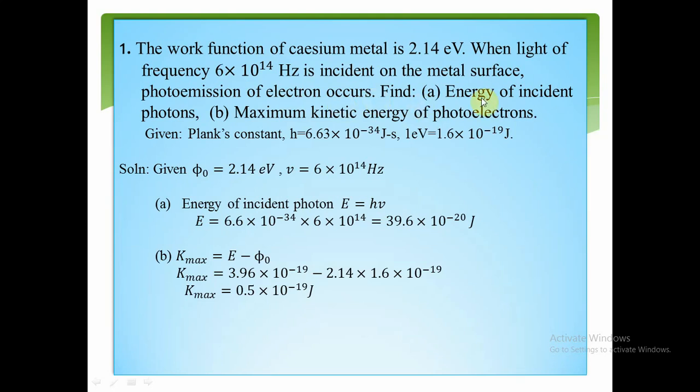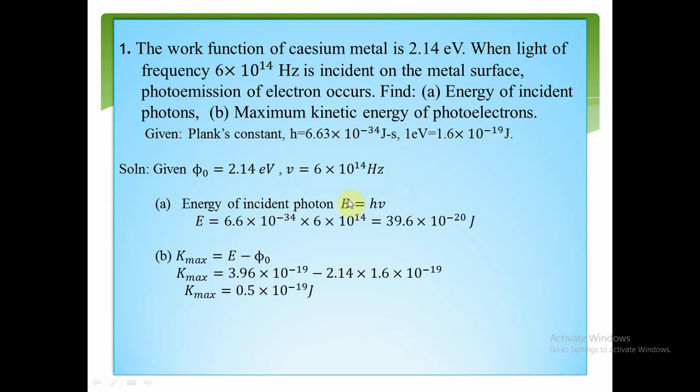They asked to find the energy of the incident photon and the maximum kinetic energy of the photoelectron. Also given, Planck's constant h is 6.63 into 10 raised to minus 34 joule seconds, and 1 electron volt is equal to 1.6 into 10 raised to minus 19 joules.